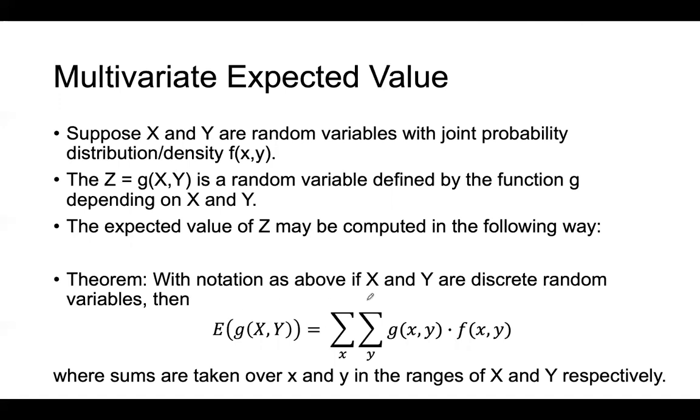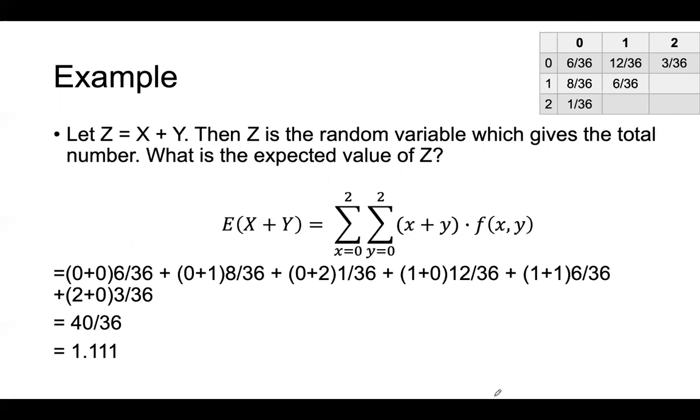With the notation above, if X and Y are discrete random variables, then we can basically plug in this G for our X before, and we have it as the sum over y, the sum over x, of G of x, y times f of x, y. So the sums are taken over x and y in the ranges of x and y respectively.